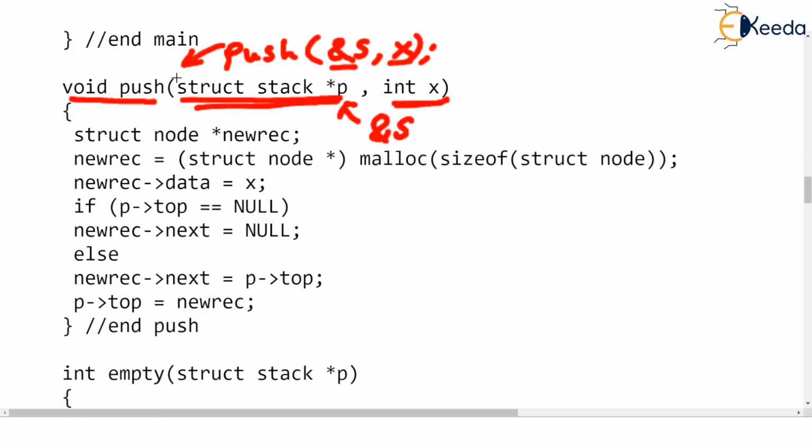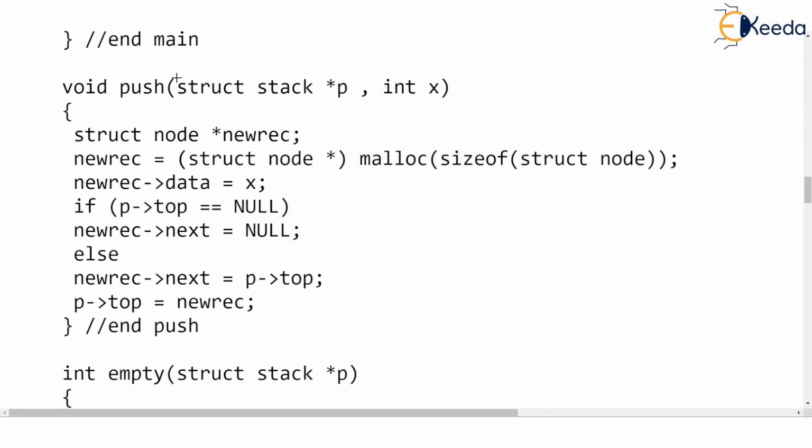The P stores address of S, and S, remember, is a stack. So the pointer P declared in the parameter has to be a stack pointer, and stack itself is a structure. I hope you are understanding. Just check that we are passing address of S, correct? The first parameter we are passing is address of S.